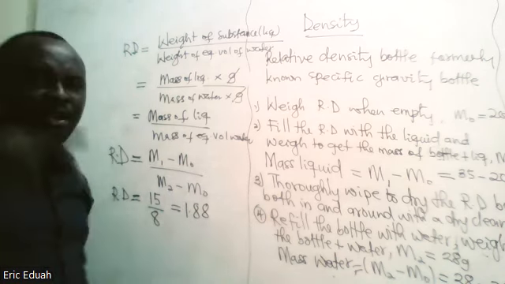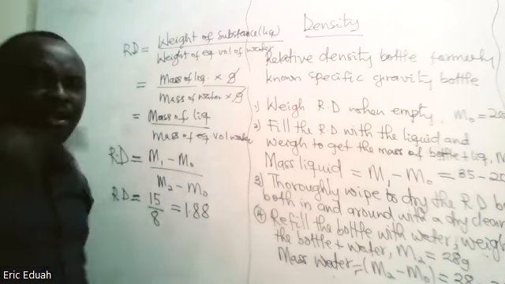Now, it implies that the density of the substance, which is liquid here, would be equal to, so we have 1.88 is equal to this divided by the density of water, which is 1 gram per cm cube. Therefore, the density of the substance, which is the liquid, will be equal to 1.88 times 1 gram per centimeter cube.